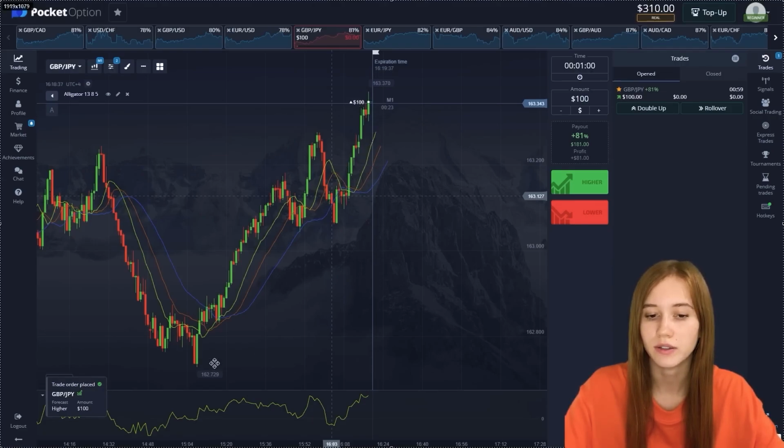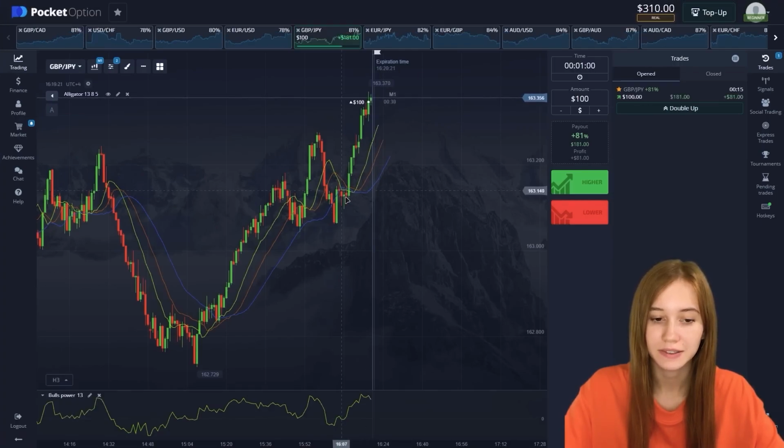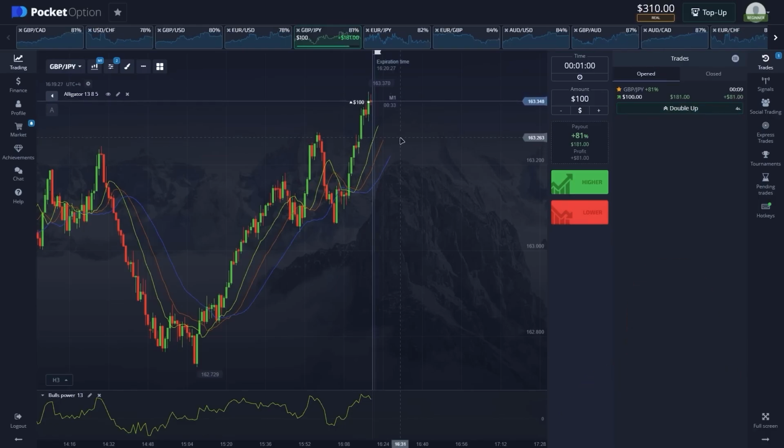This is already the third sign. Open up. According to the second indicator, we see the guide line is directed upward. This is the fourth sign for opening upwards. Let's see the situation. So we see it clearly. And there are 10 seconds until the end of the deal.